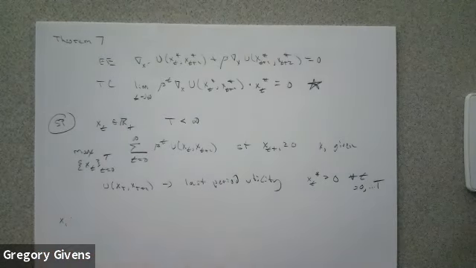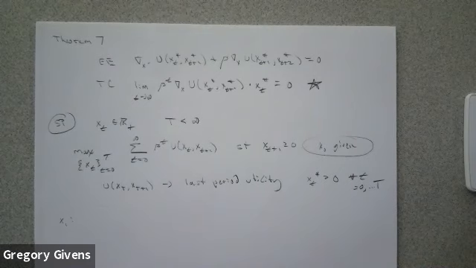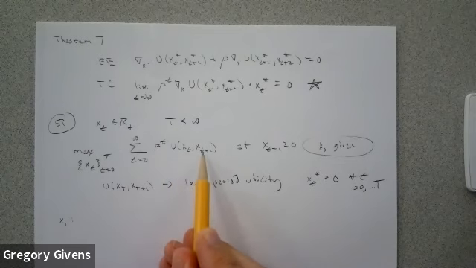What is the first order condition with respect to x1 then? Remember, x0 is given. The planner's not choosing x0. She's choosing x1 through x capital T. What's the derivative of the objective function with respect to x1? Well, x1 appears twice in this sum, where there's a u(x1, x2), but also where there's a u(x0, x1).